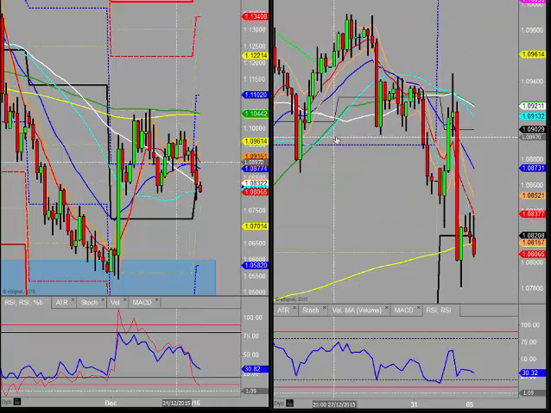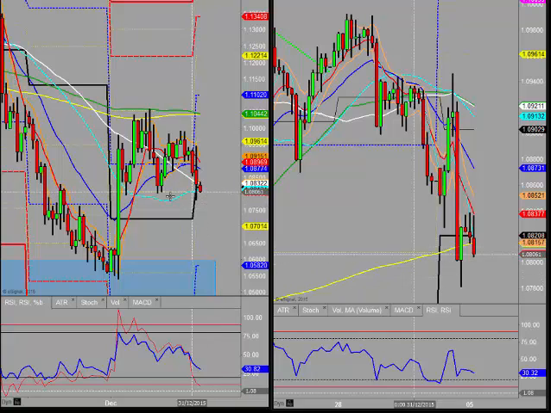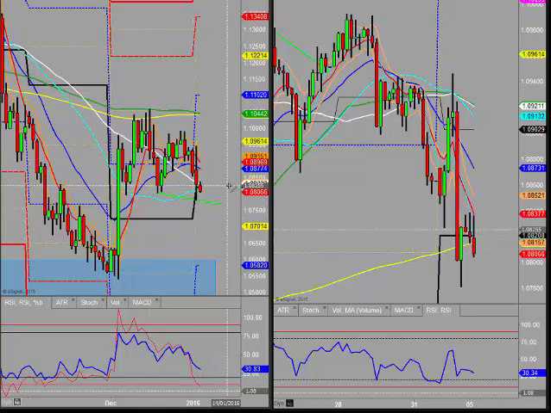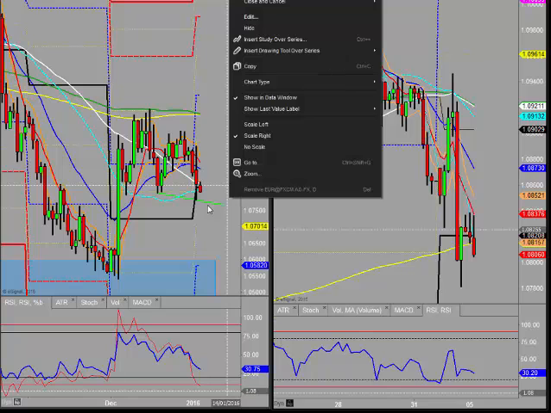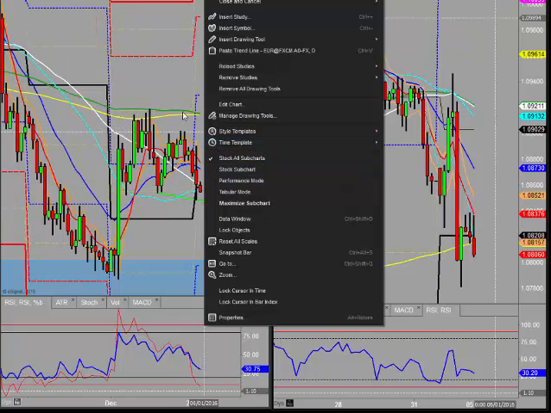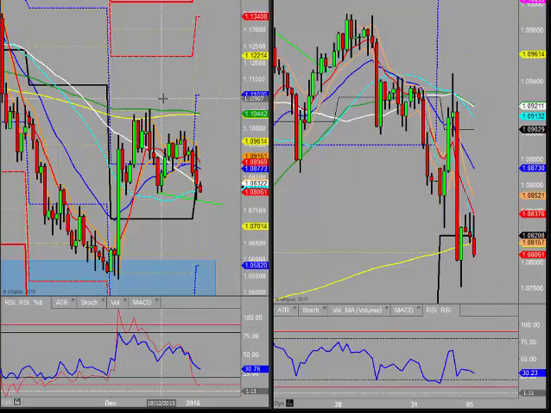Okay, looking at the euro dollar first, and from a daily perspective you can see we're pretty close to a trend line actually running across the lows here, this sort of short-term trend. We're heading back to that area there. In fact, if we copy that and paste it on there somewhere, maybe.